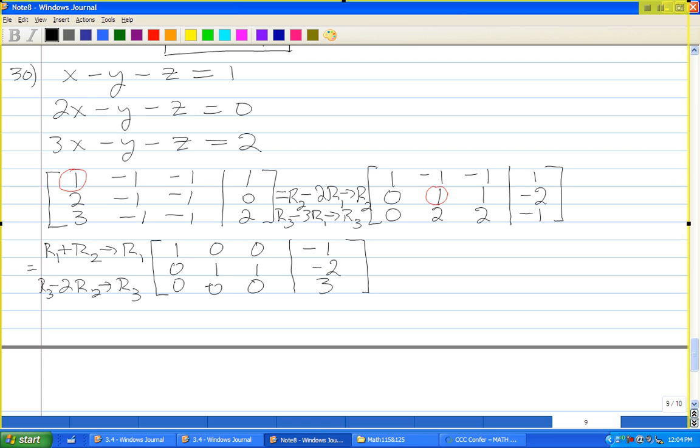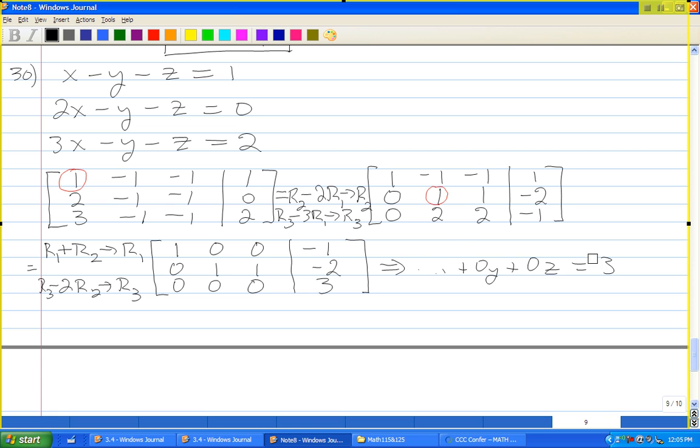So now what I notice is the following. I'm done because I have it in row echelon form. If I look at my diagonal, everything below my diagonal is 0. But if I look at the very last row, I have 0x plus 0y plus 0z equals 3.